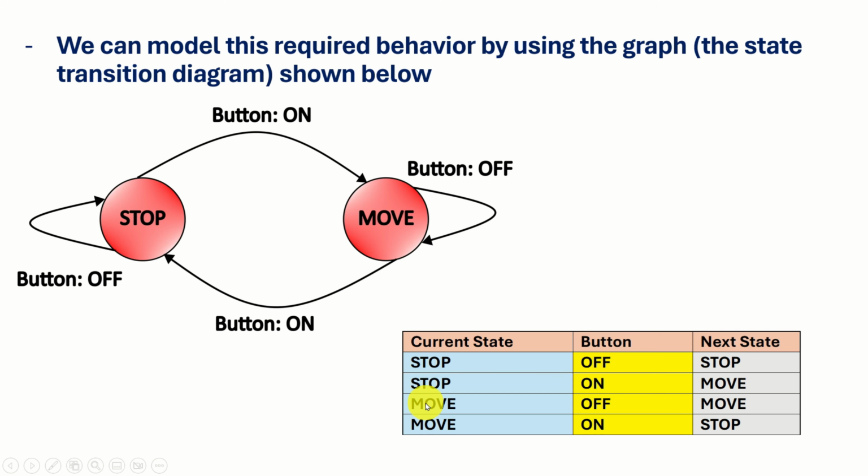Then we are currently in the move state, the button is off, that is, the user releases the button, and the next state should also be the move state. Then we are in the move state, the button is pressed on, and then we go to the next state, which is the stop state. And this is represented by this nice table over here. That is, we can either use these graphs, which are known as state transition diagrams or graphs, or we can use this table, which is known as the state transition table.